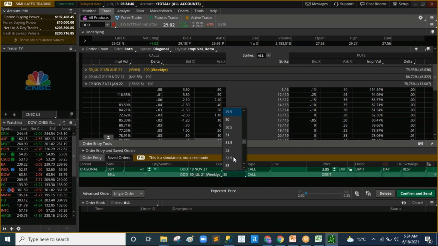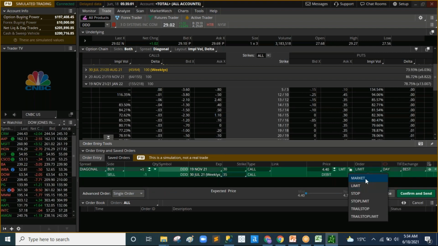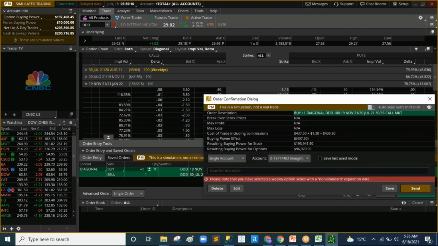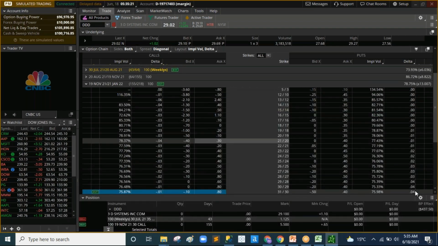Okay. So you're in a 4.0 debit. So you have it as a market order. So I think with that we can confirm and send. So those are calls, both of them. Confirm and send.